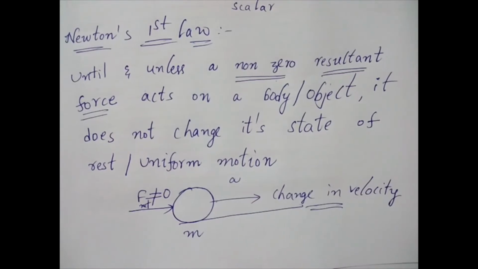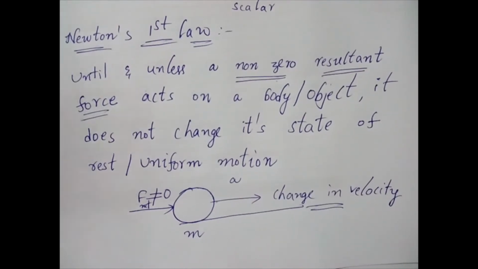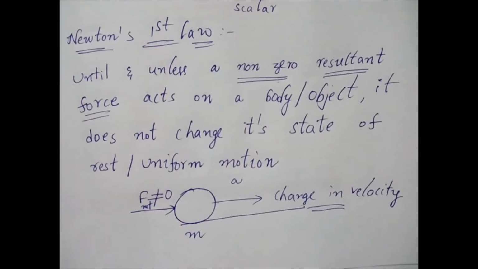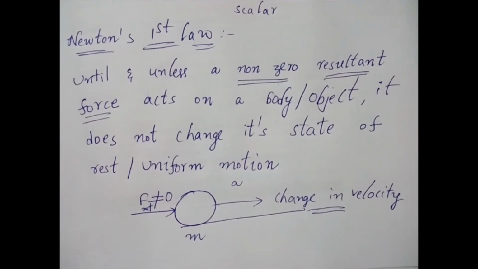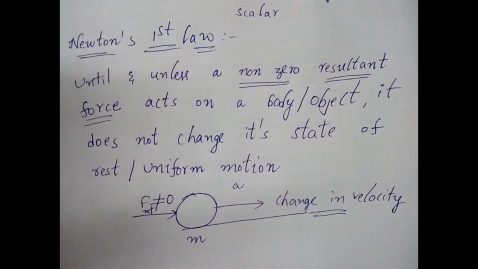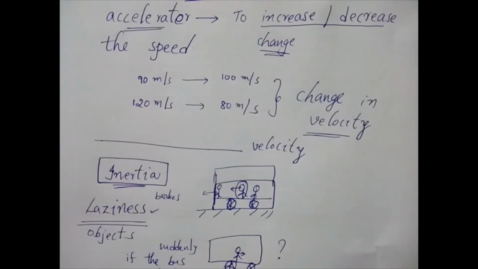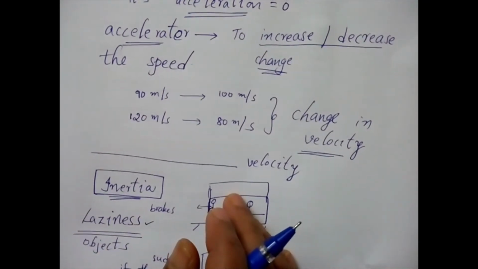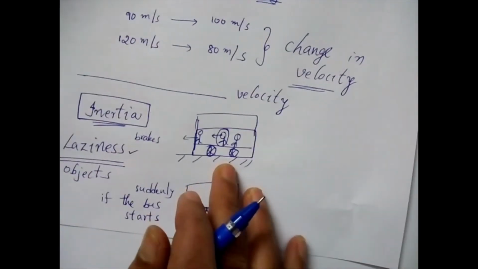So all these are because the object which is at rest, it wants to be at rest only if you are not applying force on it. This is the reason in these examples, when you are traveling in the bus.